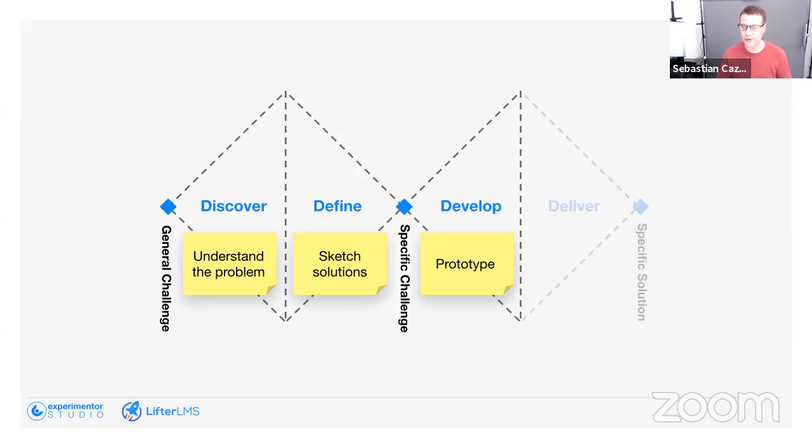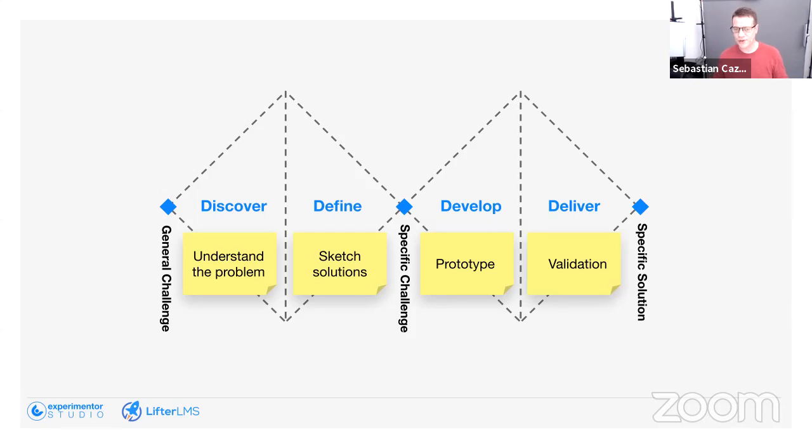While the fourth step, deliver, means we are delivering a validation. So we are not talking about delivering a final product in this cycle, but delivering the validation of our prototype, which means the validation of the course idea. So that's the backbone of the process for a course design sprint. As you can see, it's really not that complicated.